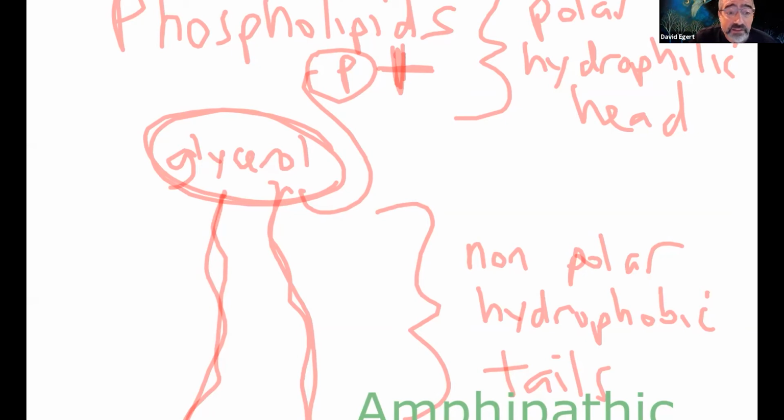If you take these and put them in water and shake them up, they will just naturally arrange themselves so that the hydrophobic tails all go toward each other and the hydrophilic heads go out toward the water.